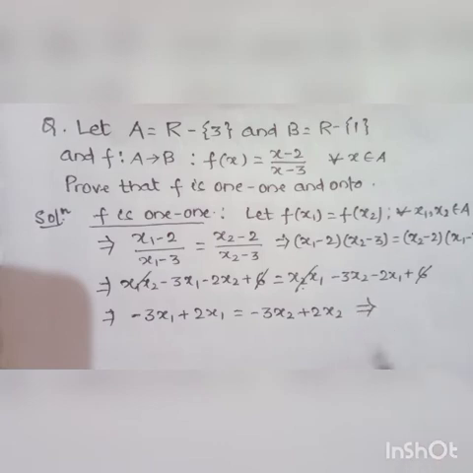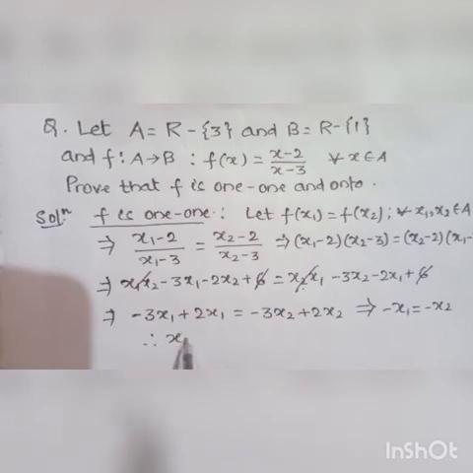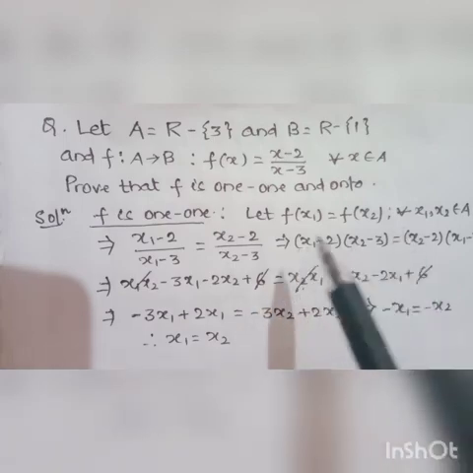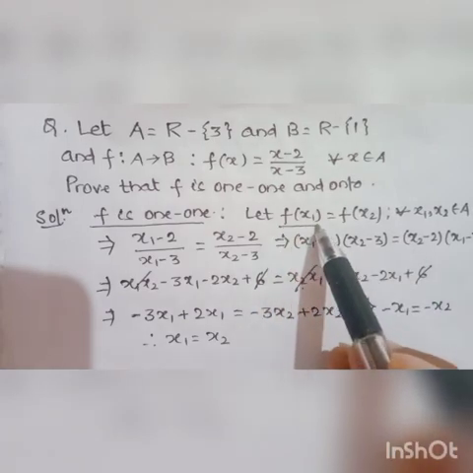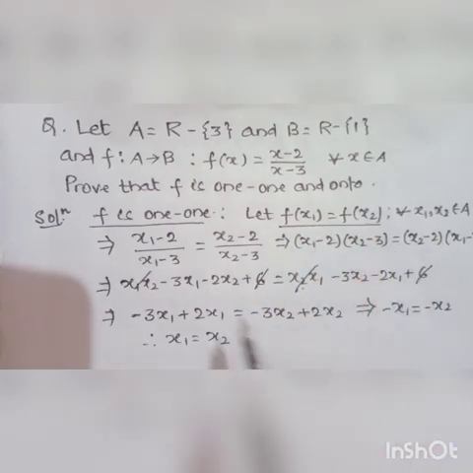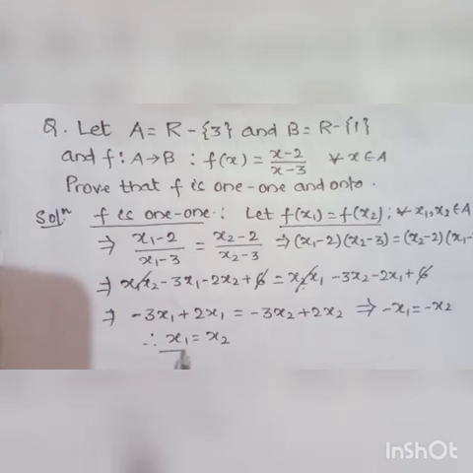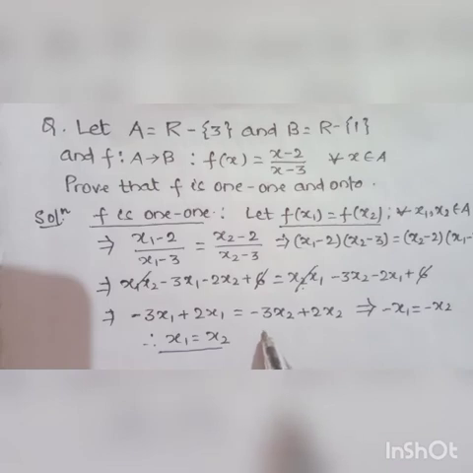So minus x1 is equal to minus x2. Therefore x1 is equal to x2. Therefore, considering f(x1) equal to f(x2), we have proved that x1 is equal to x2, which means f is one-one.